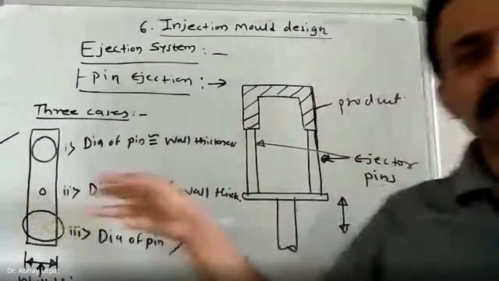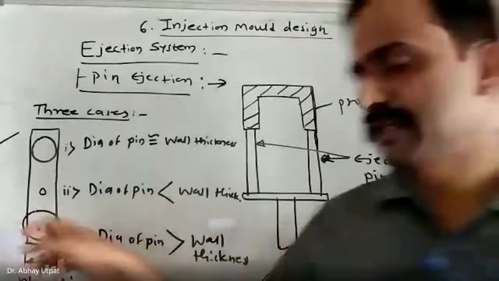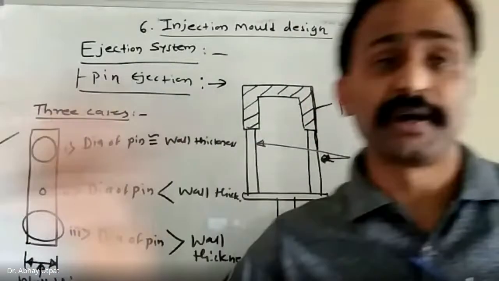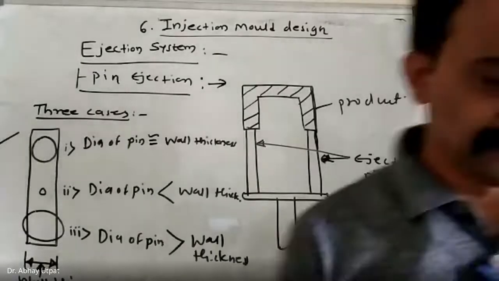Same concept here. If you use a larger size pin, there is a loss of efficiency of operating that mechanism for a small component. So that's why case number 1 is acceptable.